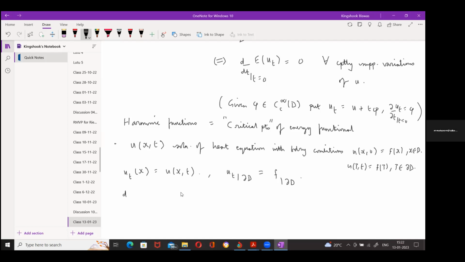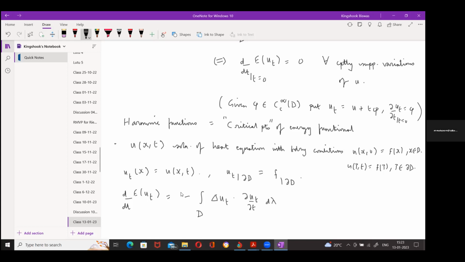So now what is the derivative of the energy? By the formula we derived, this is minus the integral over the domain of Laplacian of u_t times del u_t/del t d lambda.